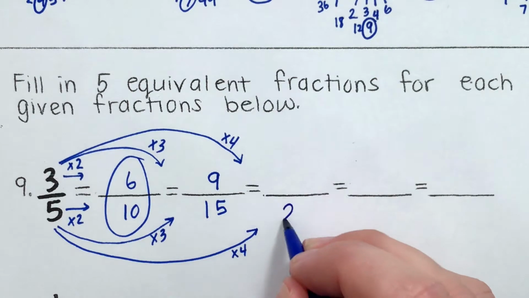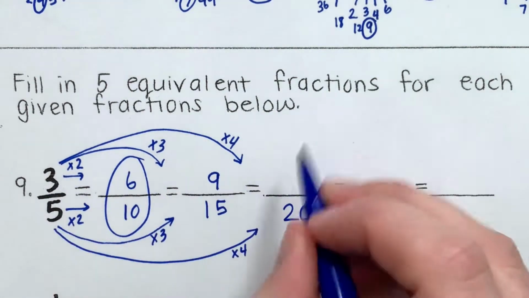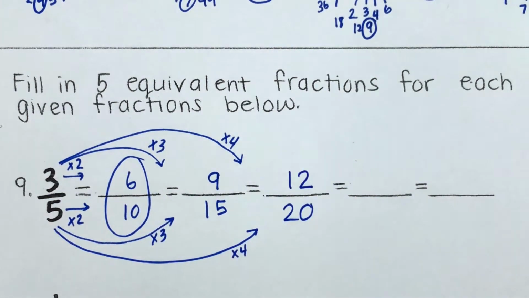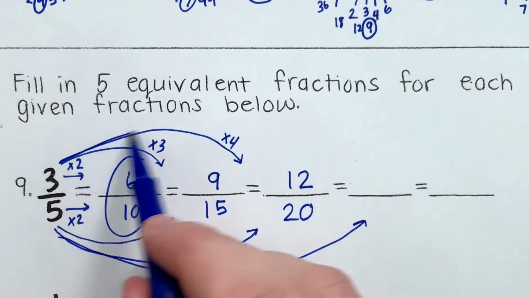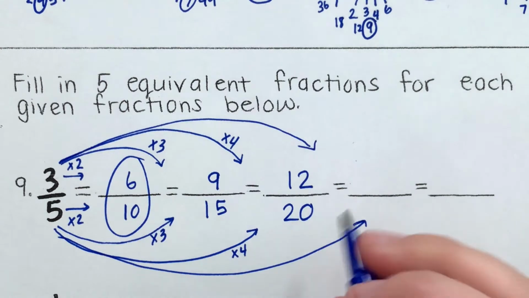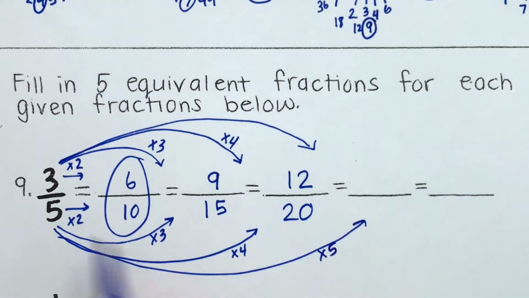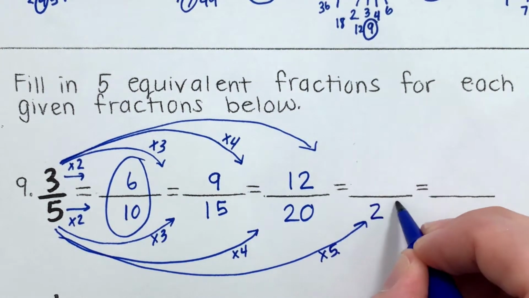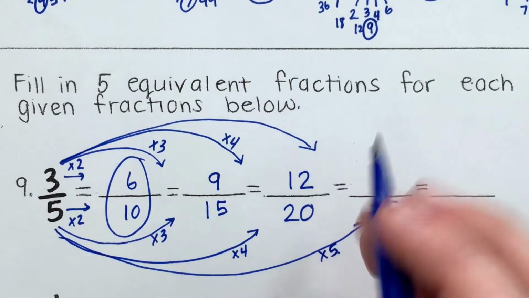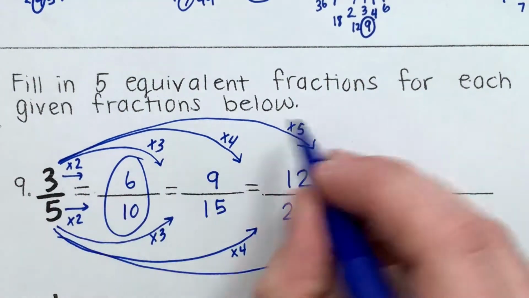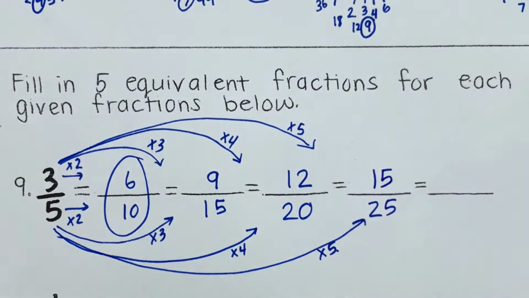So 5 times 4 is 20. 3 times 4 is 12. Okay, 12/20. Right. Next, I'll do 5. So 5 times 5, 25. 3 times 5 is 15. Okay.